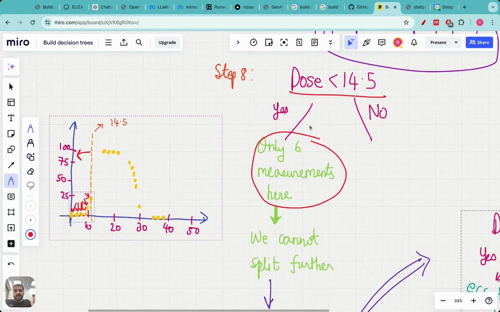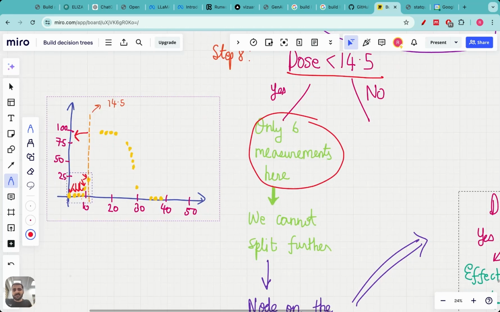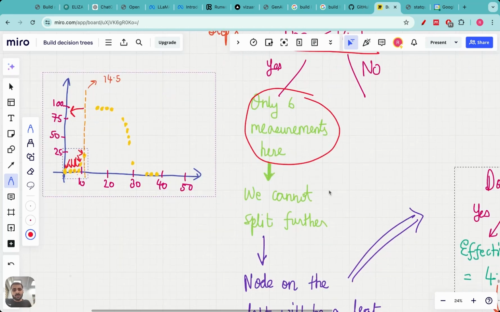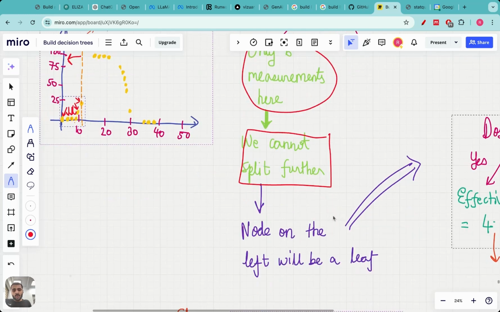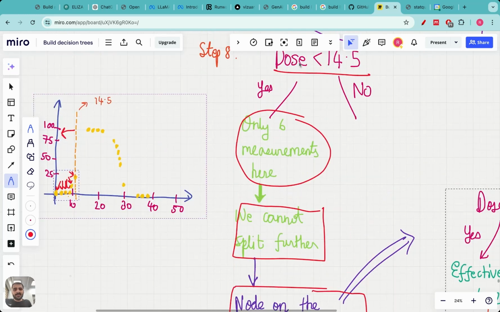We need at least 7 measurements to further split this node. So for this node, we cannot split it any further. That is why the node on the left will be a leaf, which means that if the dose is less than 14.5 and the answer to this question is yes, that is going to be the leaf of our tree. We are not going to do any further splitting.